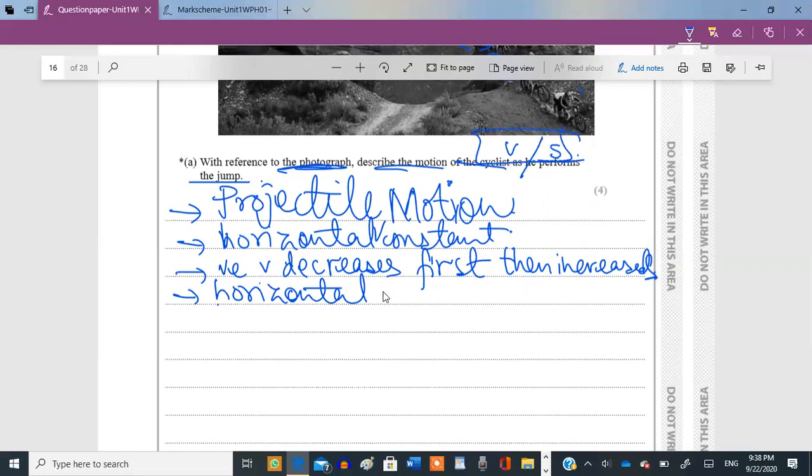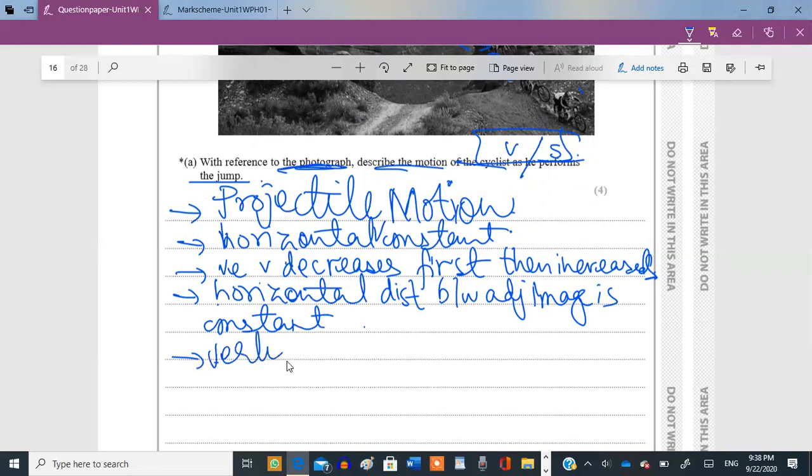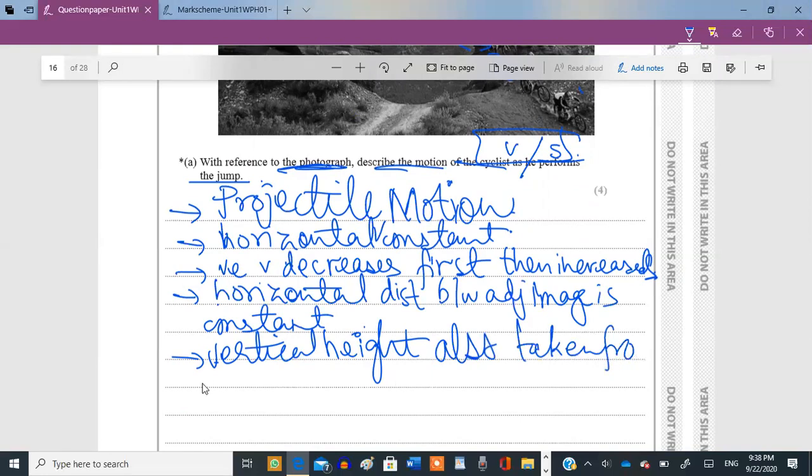The horizontal distance between each adjacent image is constant, and the vertical height, also taken from the image, increases first and then decreases.